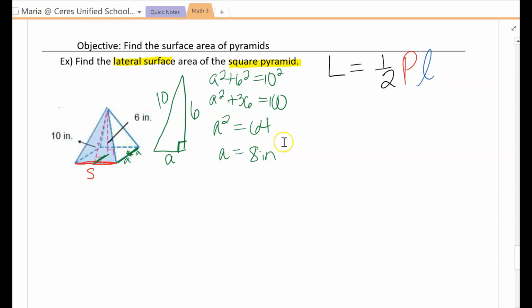But then again, that's not the side. Now to find the side, I am going to take 8 plus 8, and that's going to give me my full side. So the full side is going to be 16 inches.